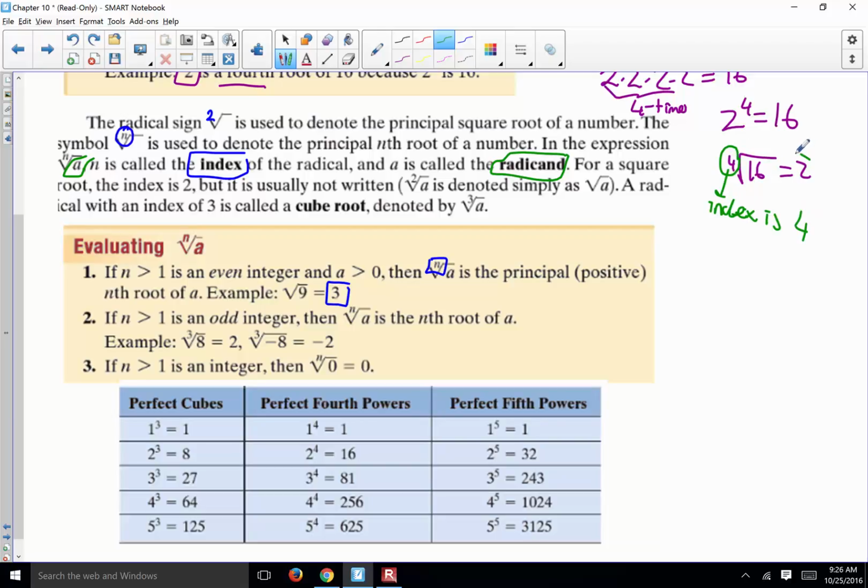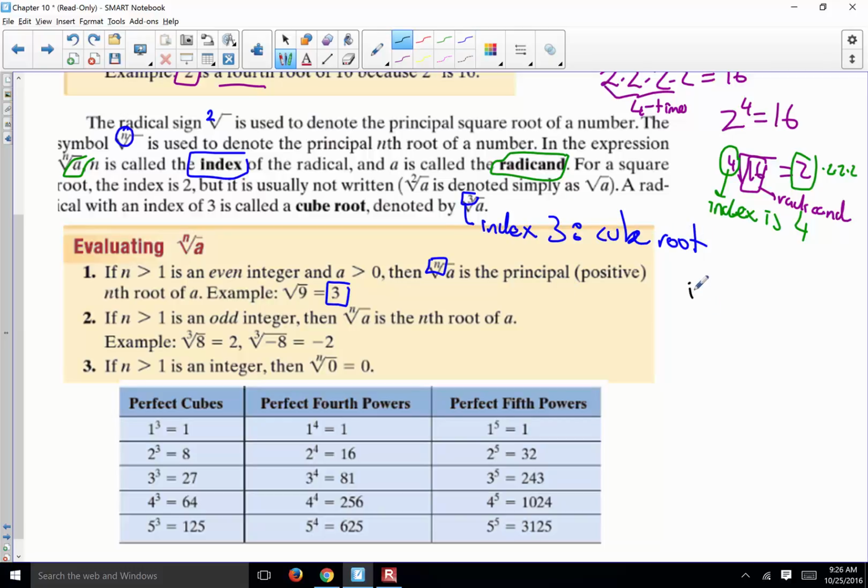That means the number multiplies itself 4 times to make 16. And this number is called the radicand. When the index becomes 3, index 3 has a special name. It's called cube root.